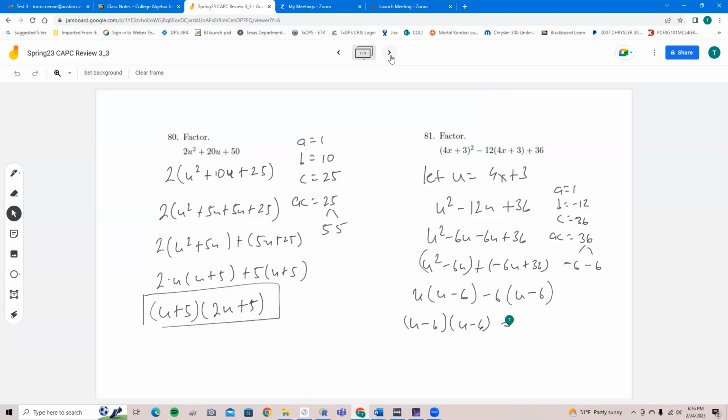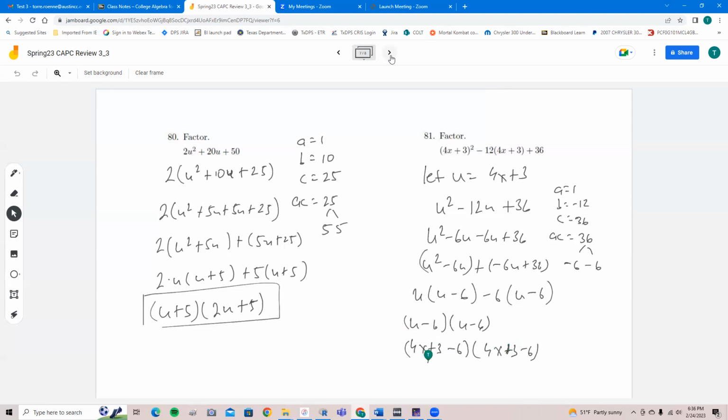Well, you know that looks an awful lot like u minus 6 quantity squared, but actually I'm going to leave it as this because I have to unsubstitute now, because u is really 4x plus 3. And I'm subtracting 6. I don't need parentheses for that.